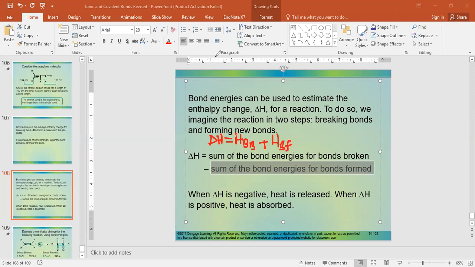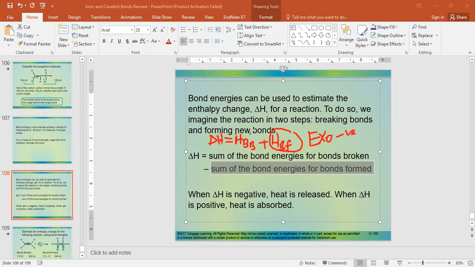Why do we have this negative here? This negative is coming because this one is exothermic. Being exothermic, it means that it is going to have a negative enthalpy.